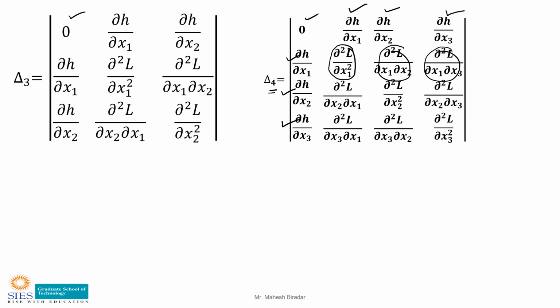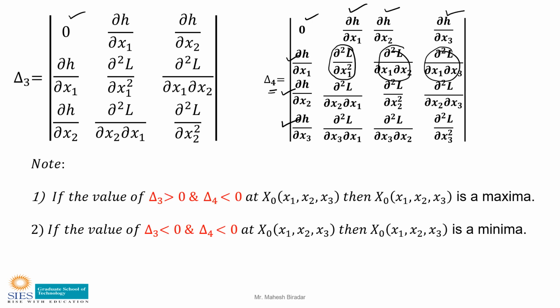Now how to decide whether the function is maximum or minimum at x0. Here, the value of delta 3, you can consider as the first three rows and first three columns.